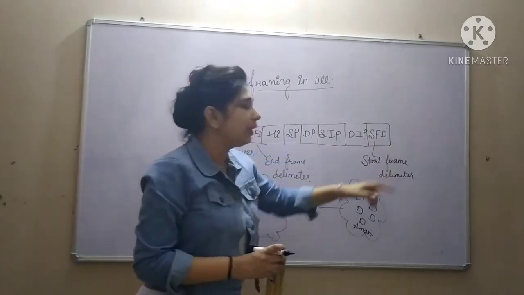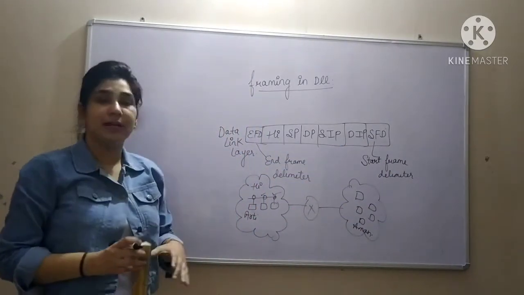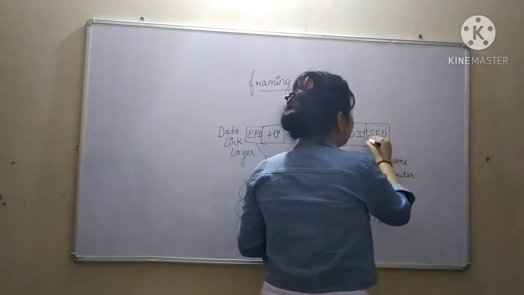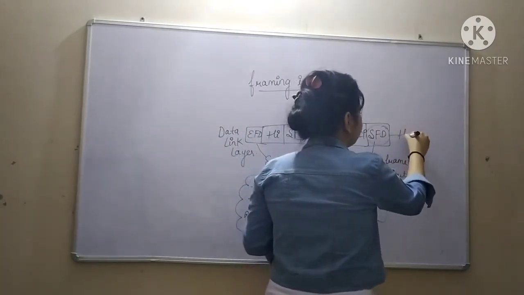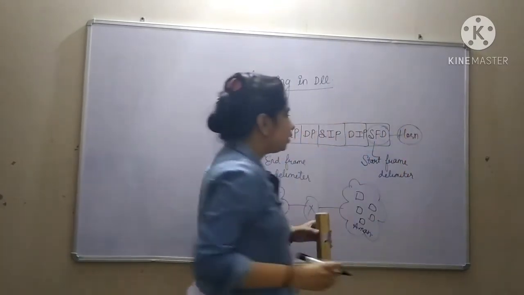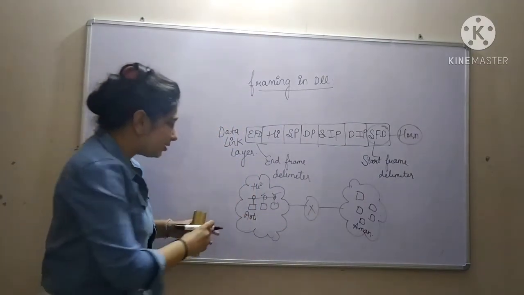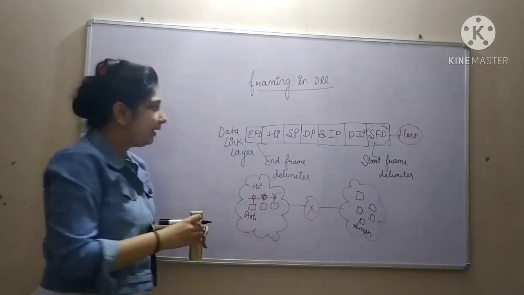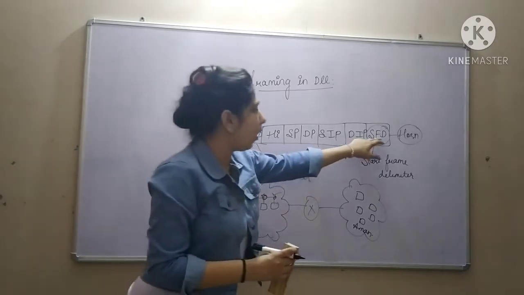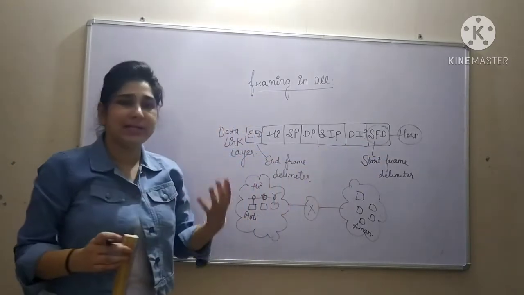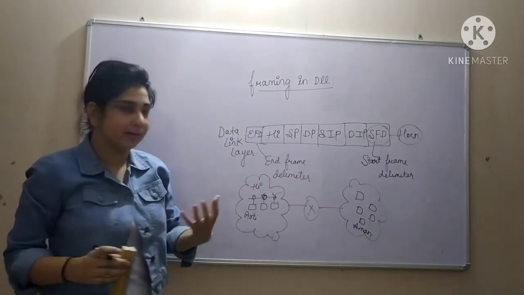What we are doing is we have a start frame delimiter. Start frame delimiter is acting like a horn. When this message reaches here, it is acting like a horn. It is a kind of some bits, a kind of some circuit.